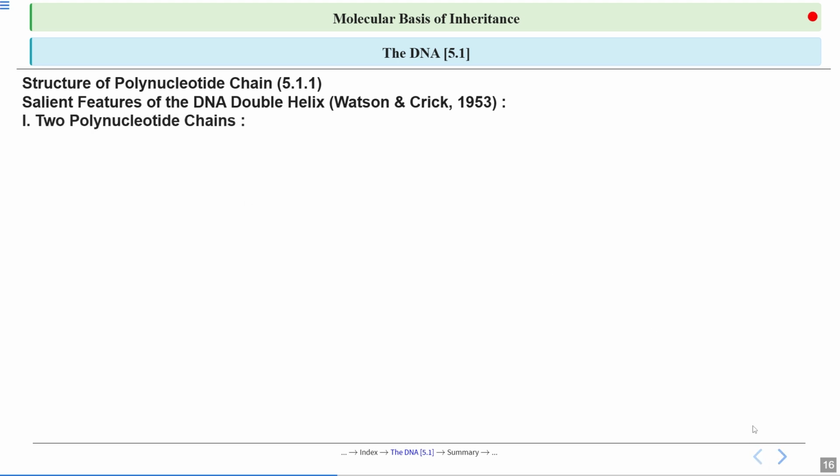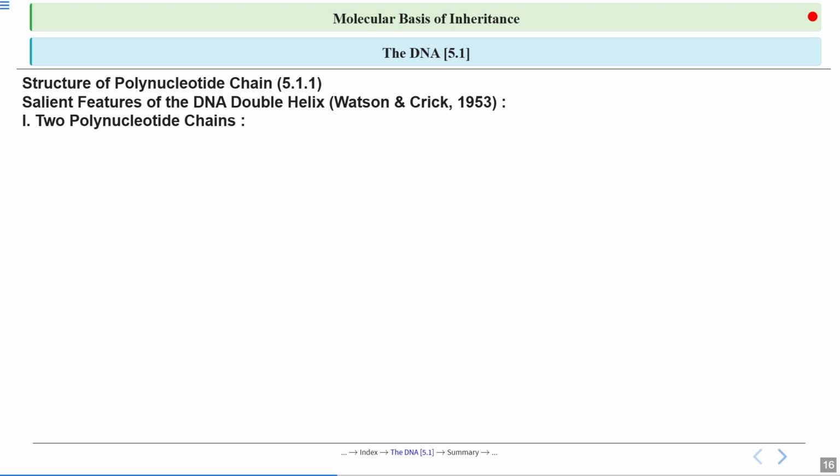First, this DNA double helix is made up of 2 polynucleotide chains. We have studied what a polynucleotide chain is, how it is formed with the 3' to 5' phosphodiester linkage, when we talked about nucleotides.